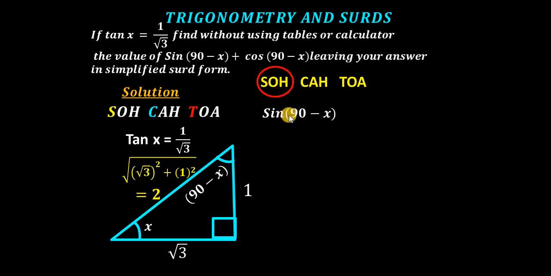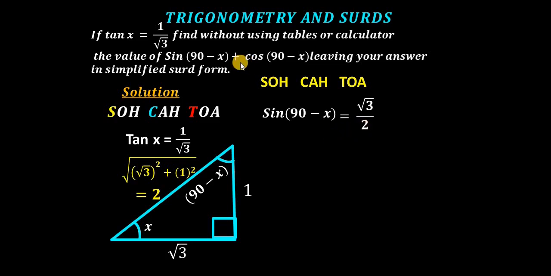That means with respect to angle 90 minus x, opposite is root 3 and hypotenuse is 2. So sine of 90 minus x is root 3 over 2.